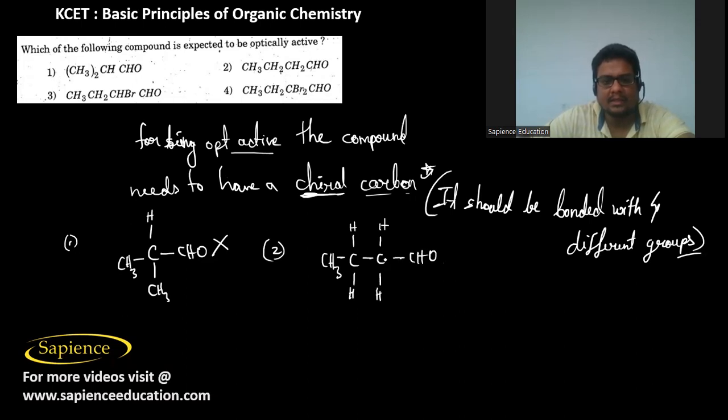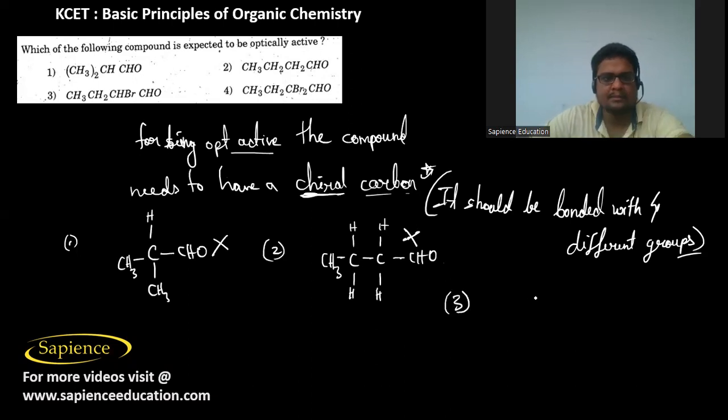This carbon is not optically active since it is attached to two similar groups, and this carbon is also not optically active since it is also attached to two hydrogens. So it has no chiral carbons, so it is not optically active.